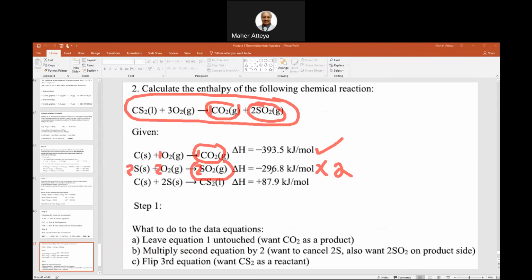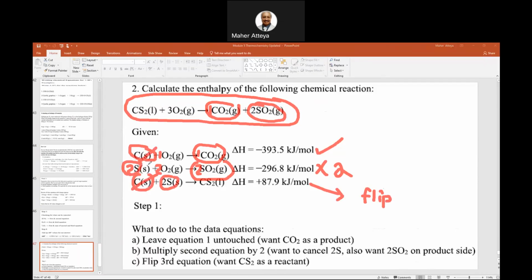Number 3, I have sulfur and carbon. However, carbon here is a reactant, and here's a reactant. So I have to flip this one. Why? Because I want to cancel the carbon with the carbon and sulfur with sulfur, correct?